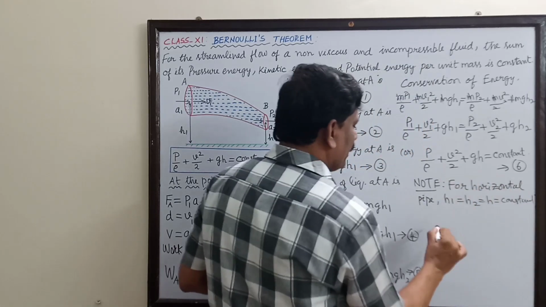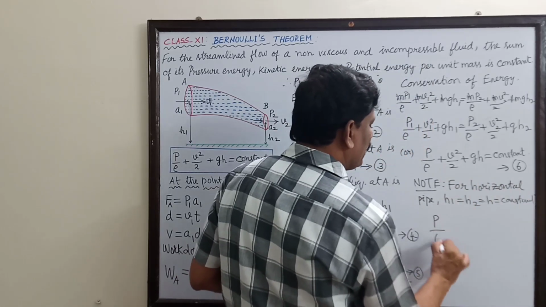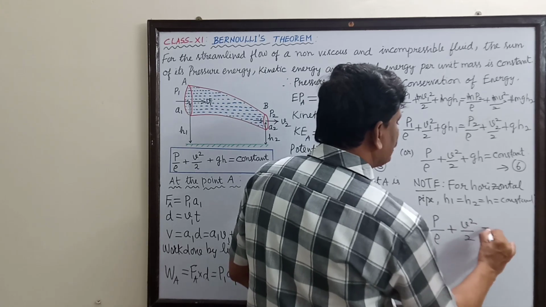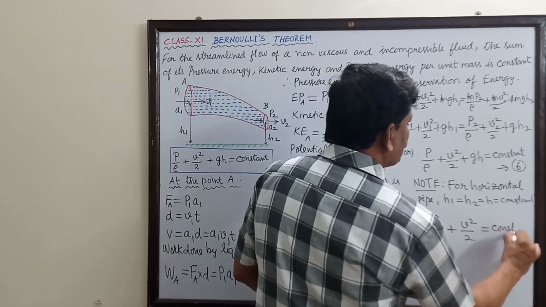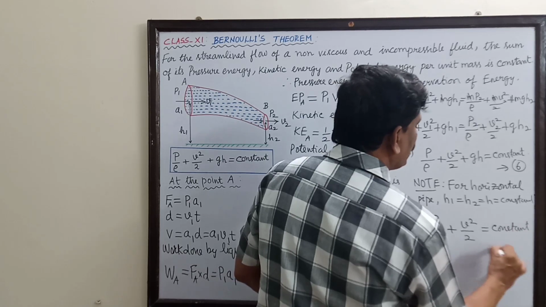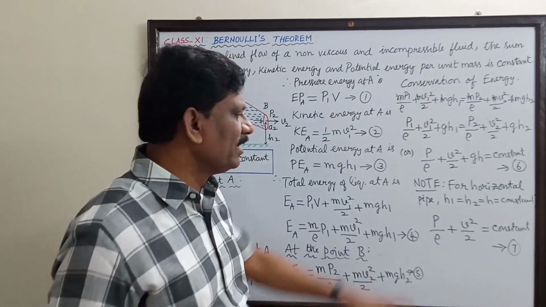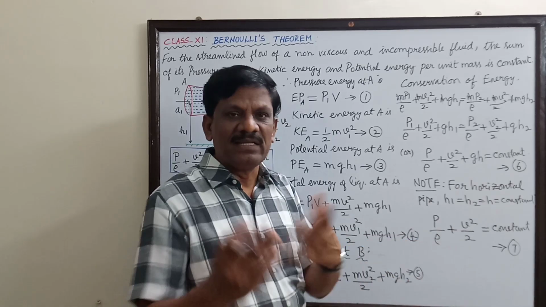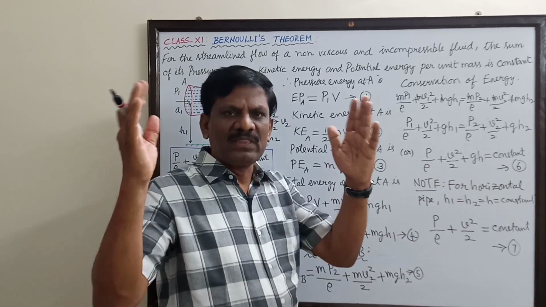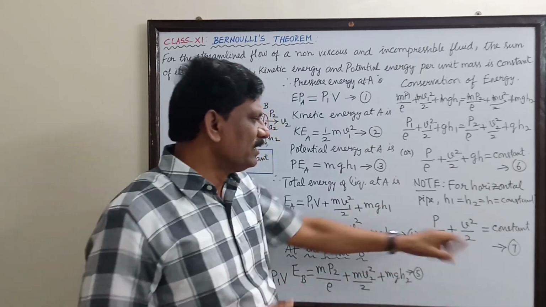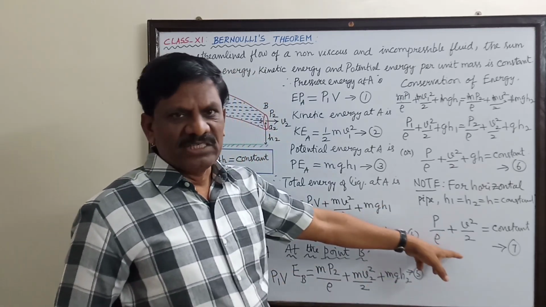Constant. So for that we can extend the theorem as P by rho plus V square by 2 is equal to a constant. This is equation number 7. Many applications of Bernoulli's theorem are based on this equation, by considering the level of both the ends A and B to be equal from a reference level. So this is the final extension.